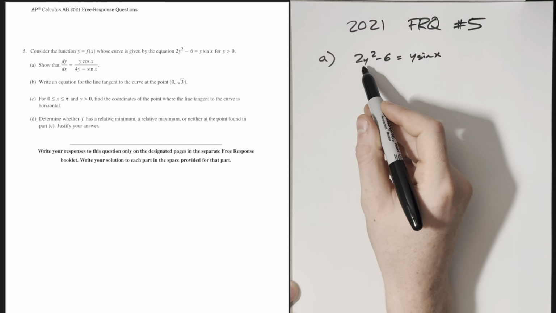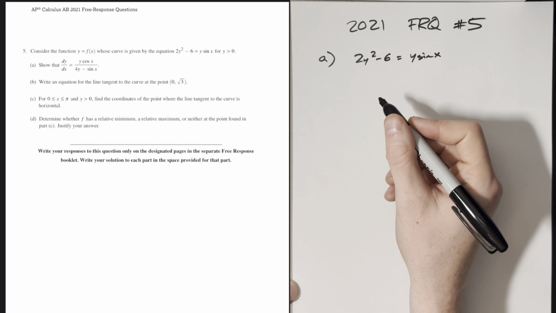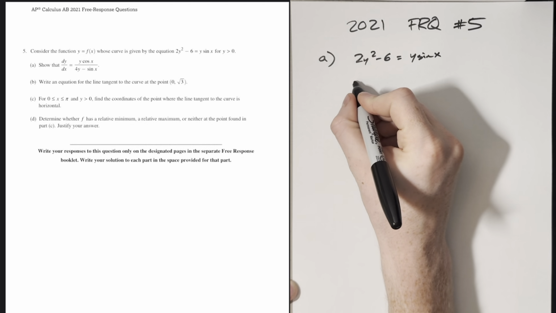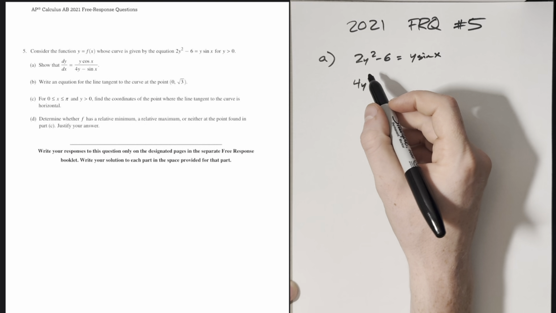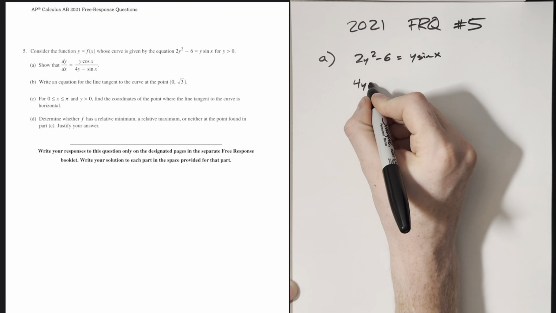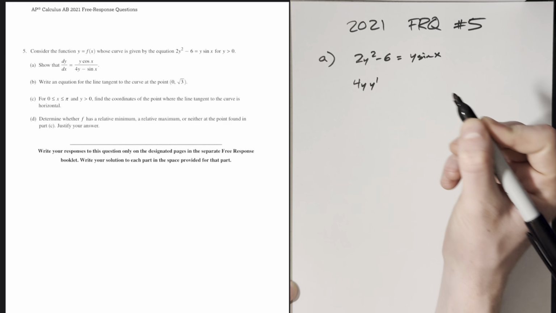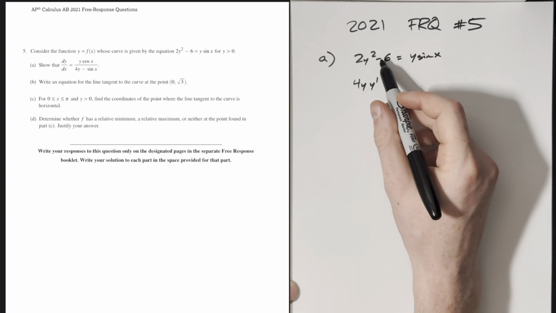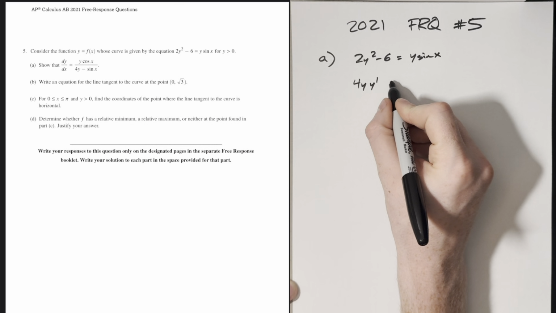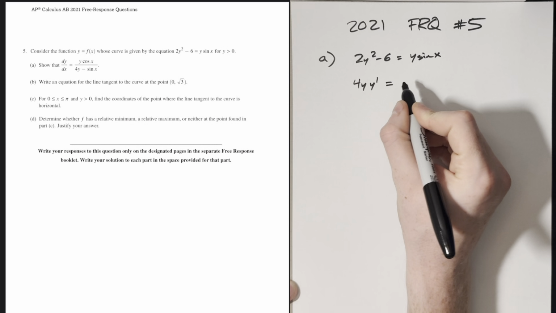When I take the derivative of 2y squared, for instance, I will get just the normal derivative, 4y, but then I will get a dy/dx, or as I like to write it, y prime, right? So that's the derivative of 2y squared. Minus 6, taking the derivative of that, it's just 0.